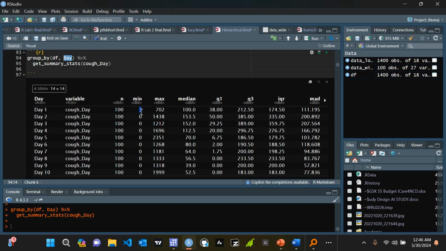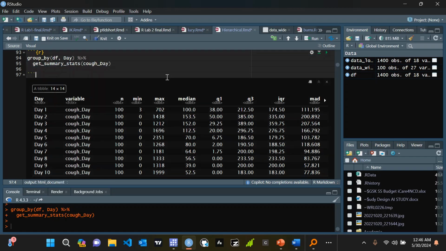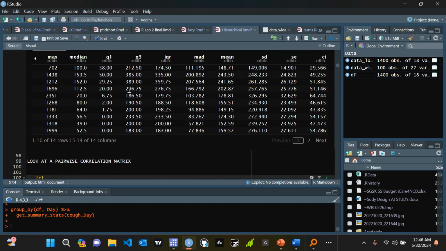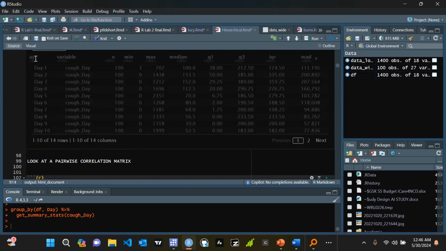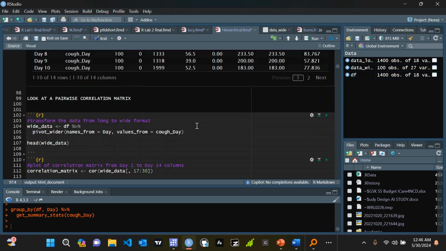The minimum on day 1 is 3, and the maximum cough frequency on day 1 was 4,720. On day 2, the minimum is 0. This is for all the participants. So we have the median, the interquartile range, the mean, standard deviation, and things like that. So you can know what's going on really by looking at just the medians, and you see that they are going down.